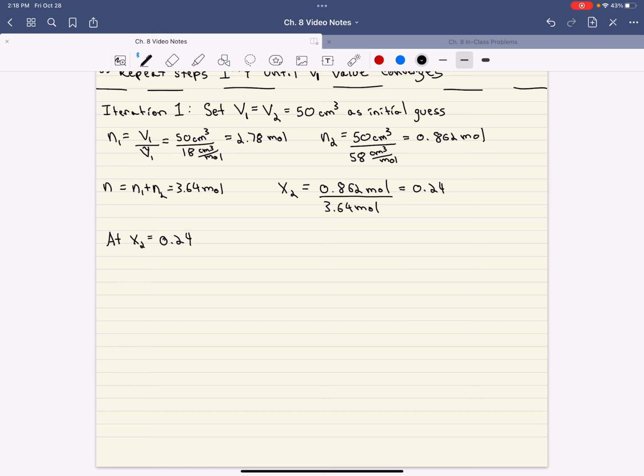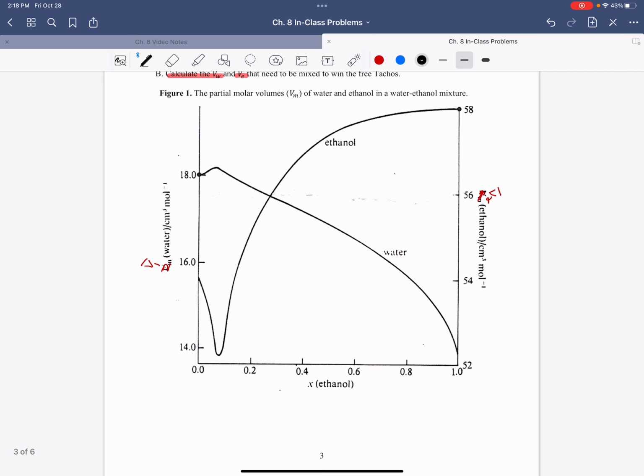Now that we have this mole fraction, we can now go back to this figure and we could start to look up the values of V1 bar and V2 bar. Okay? So at x is equal to 0.24, that's going to be about here. So I'm going to draw this line here. Okay?